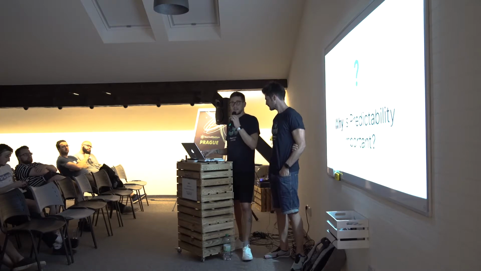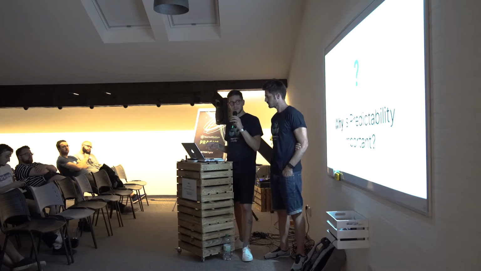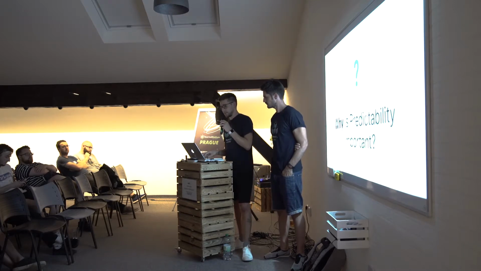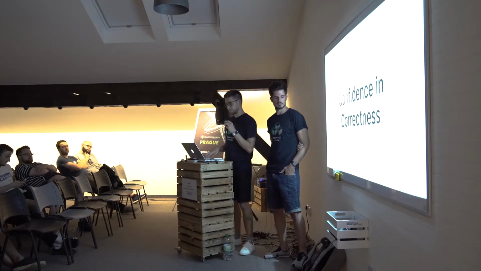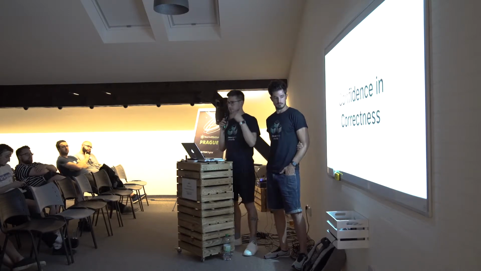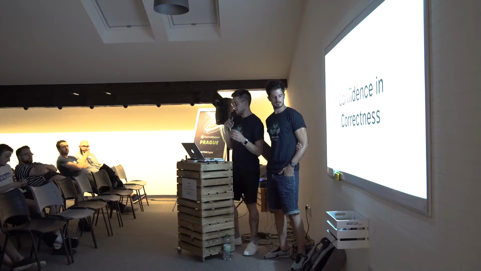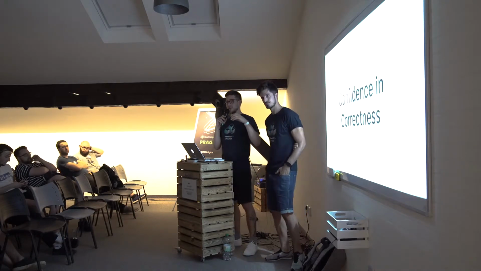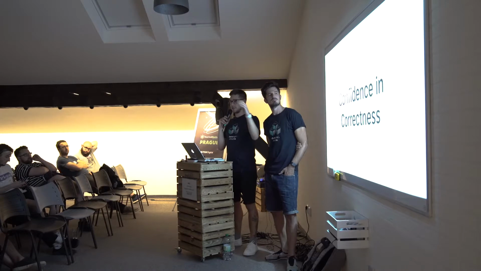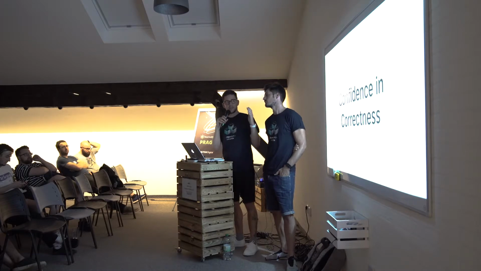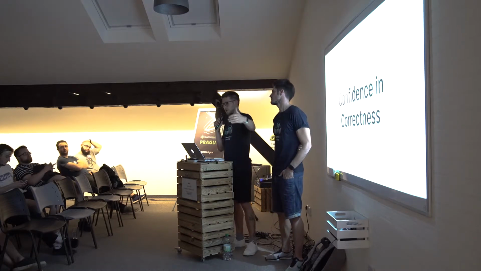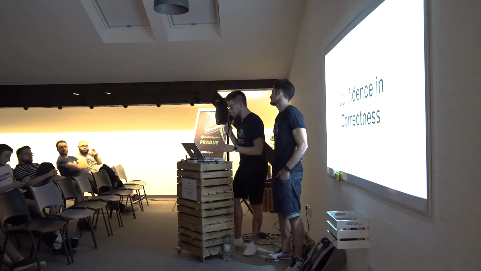It turns out that having predictable components comes with a lot of different benefits, but for us the most important one is confidence and correctness. Because if you have a predictable component, you are able to predict the output of your component given a set of properties over time. So you can assure the correctness over the whole lifetime of your application.